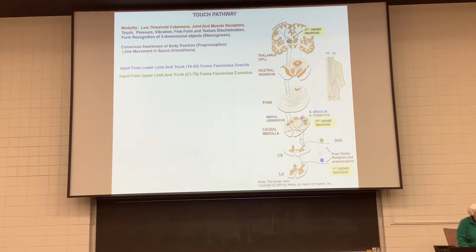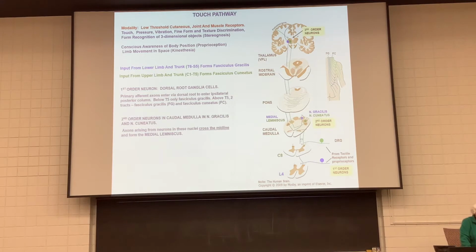But remember, for touch, we have the first order neuron again here in the dorsal root ganglia. That information now is going to come into the CNS. The central process of the DRG cell enters that dorsal column, travels up to the caudal brainstem. We have a synapse in the nucleus gracilis or cuneatus, depending on whether it's upper or lower limb information.